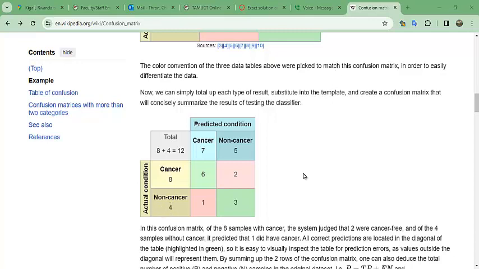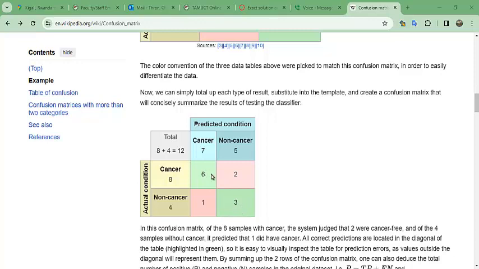You may have some kind of test to determine cancer or non-cancer that you apply to these patients. Of the actual cancerous patients, you correctly predict that 6 have cancer, and incorrectly predict that 2 of those do not have cancer. Of the non-cancerous patients, you incorrectly predict 1 has cancer and correctly predict that 3 do not have cancer.